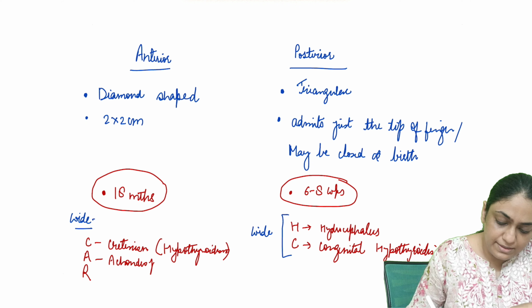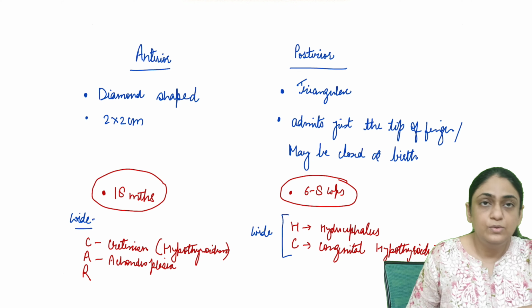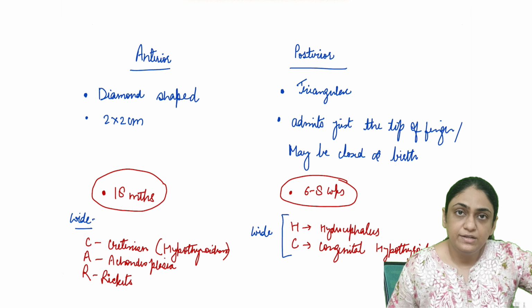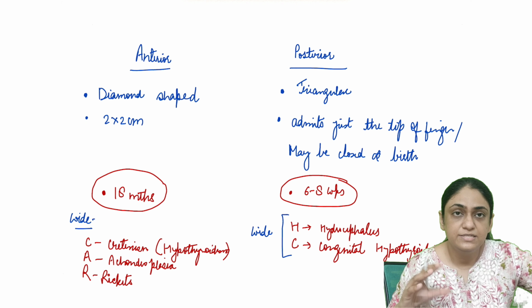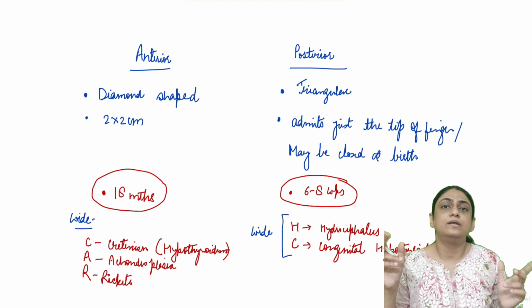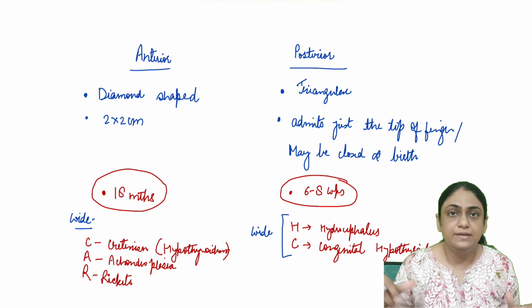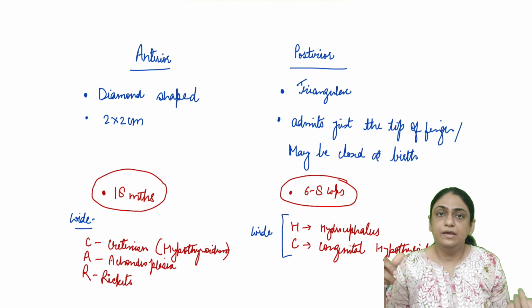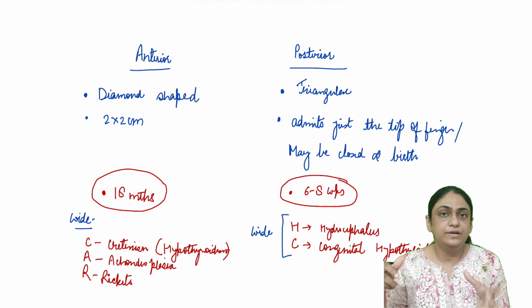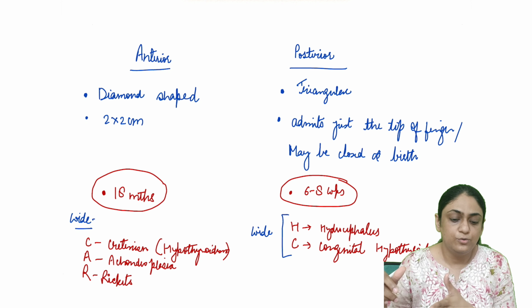And R for rickets. I'll tell you later when we study growth and development, ये conditions कहाँ पे आती हैं साथ में, ठीक है? So please remember this very important mnemonic CAR: cretinism, that is congenital hypothyroidism, A for achondroplasia and R for rickets. In these three conditions, anterior fontanelle is wide open.